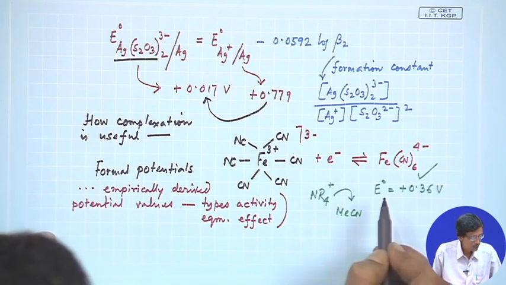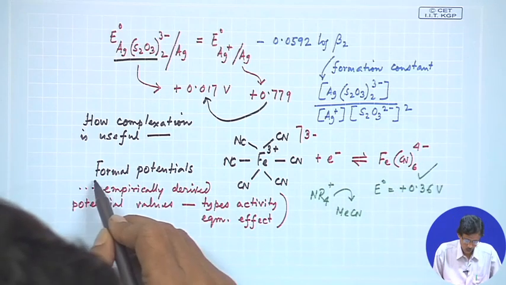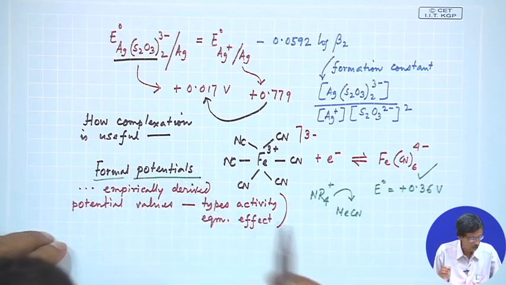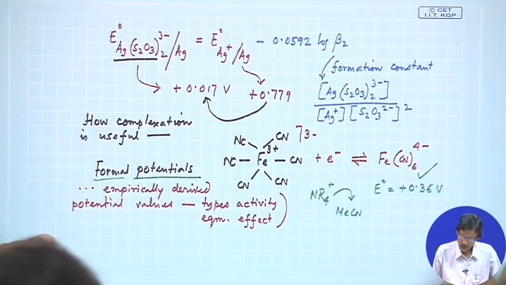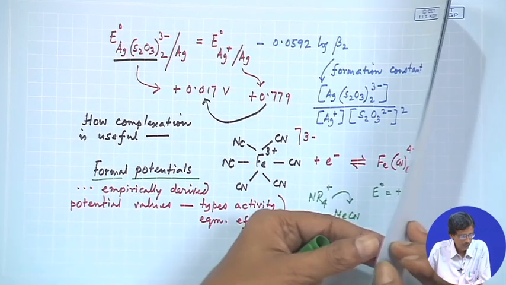So, right now what we see is this particular value, and how we can manipulate the corresponding values required for electron transfer in a medium which is slightly acidic or strongly acidic.